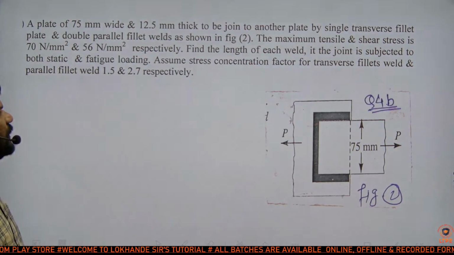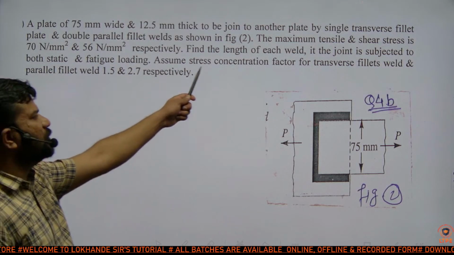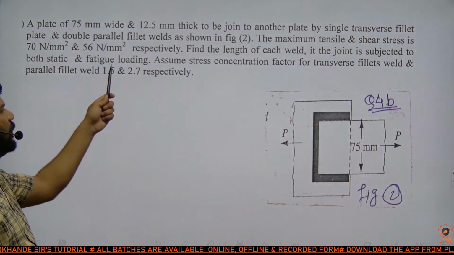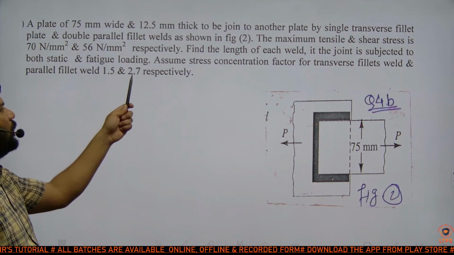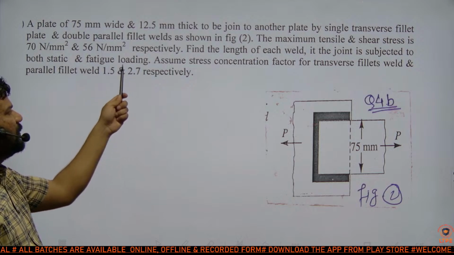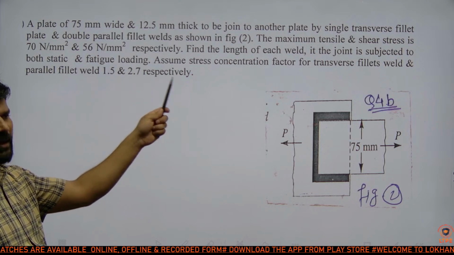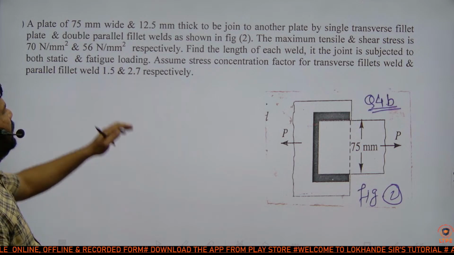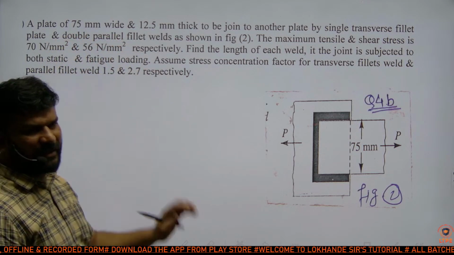I had said, beta, I had given you the factors, go and see them. Assume stress concentration factor for transverse fillet weld and parallel fillet weld. For transverse fillet weld, for parallel fillet weld, already given in the table, and we have already solved it.